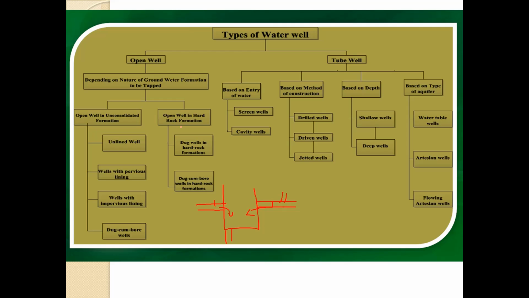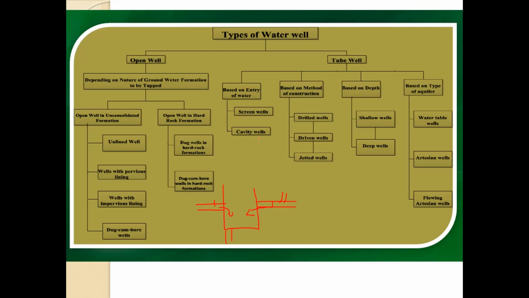Next, the water wells in the hard rock formation. Here is the dug well in the hard rock formation. Obviously, these are dug with machinery. And again, the dug cum bore wells in the hard rock formation, which are the same as these bores. Now, the tube wells. The first type is based on the entry of water, that is screen wells or cavity wells.